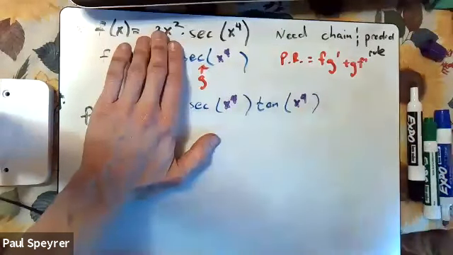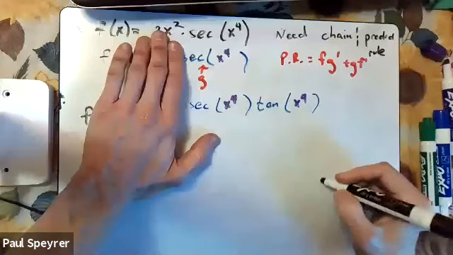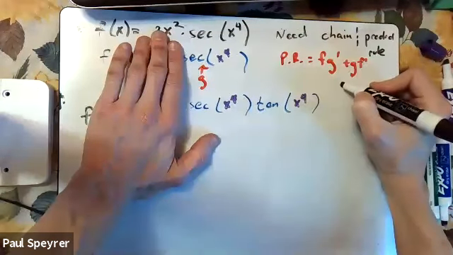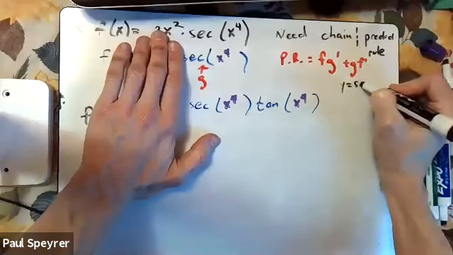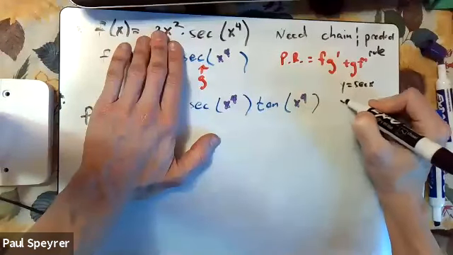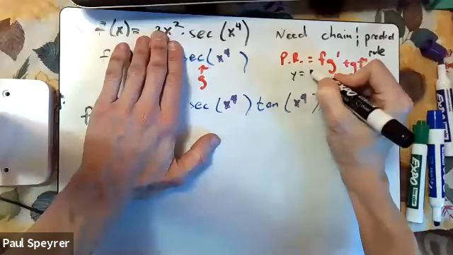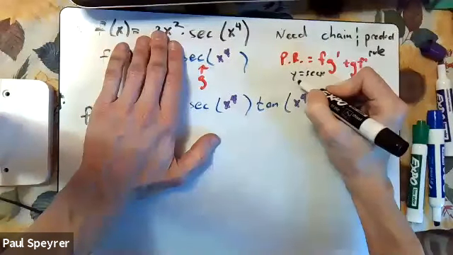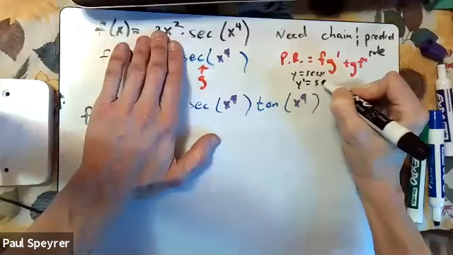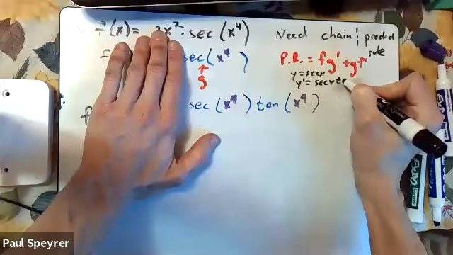So remember, if I have y equals secant of x, y prime is equal to secant x tan x.